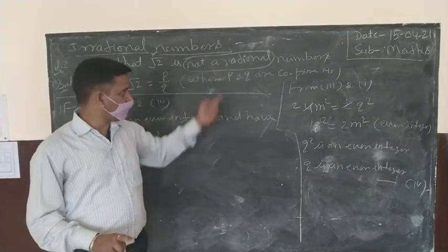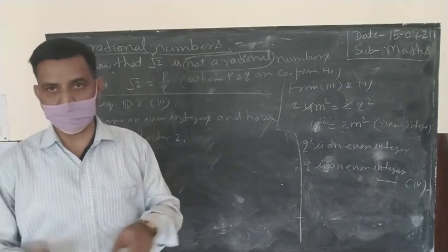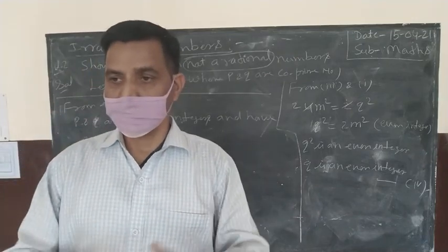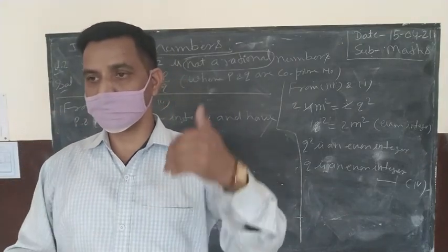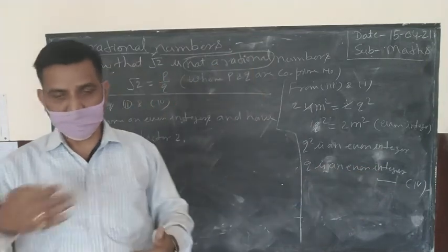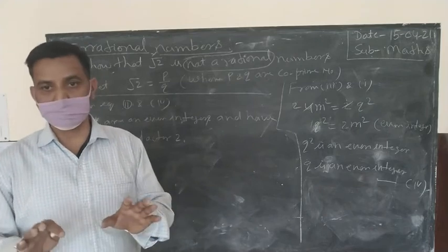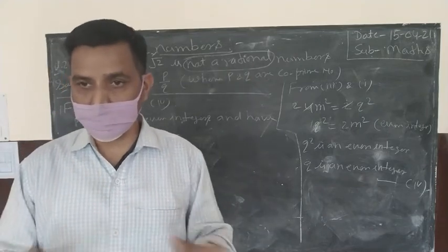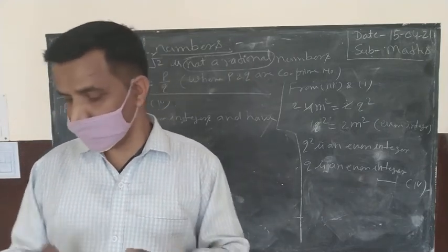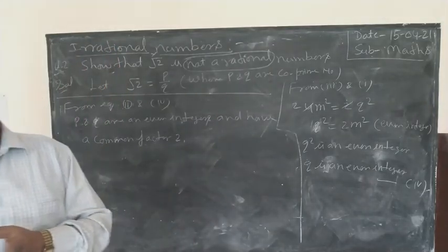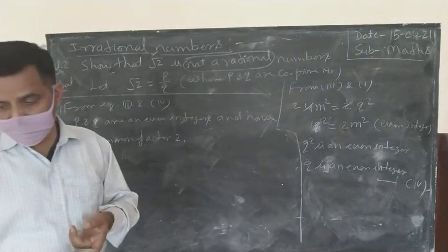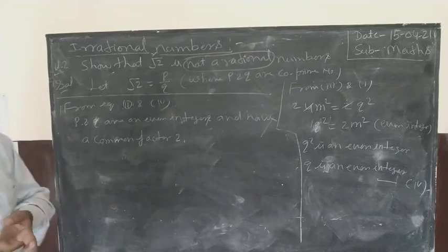This result and the given fact contradict each other. Both results are mismatching, both are opposite. Clear or not? So what result will come here in the last?